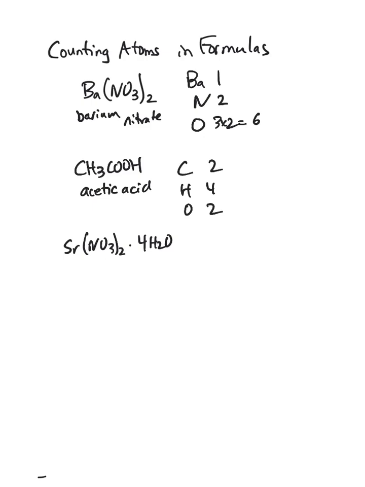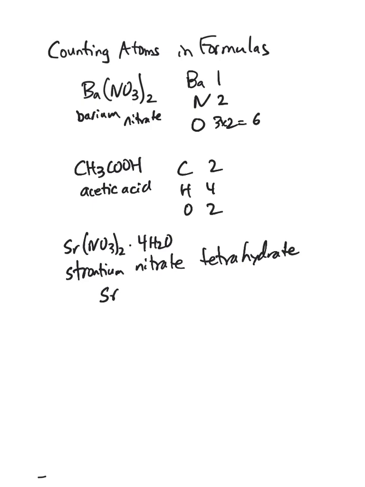Some compounds come as hydrates, where there are waters of hydration that are included in the crystal structure of the compound. So this compound is called strontium nitrate tetrahydrate. So let's count up the number of each type of atom.